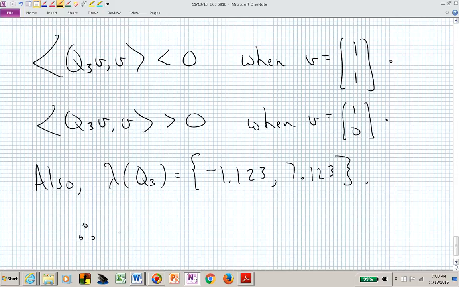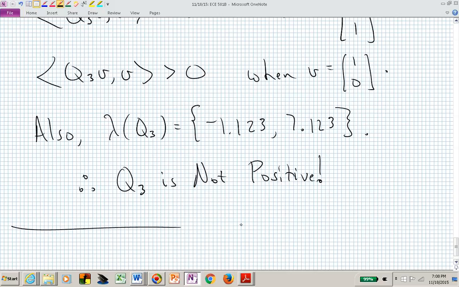Those then show that Q sub 3 is not positive. Those are some examples then of what a matrix might look like relative to whether it is positive or not.